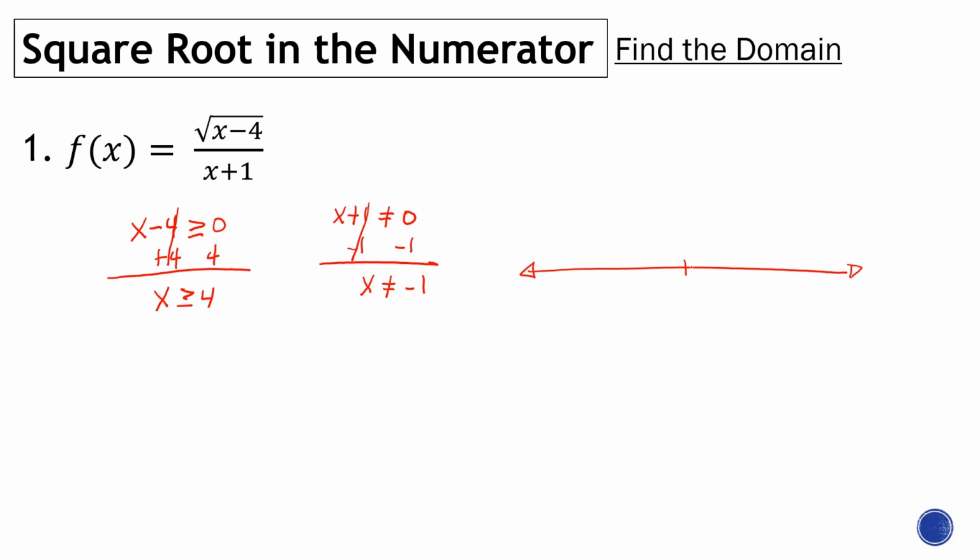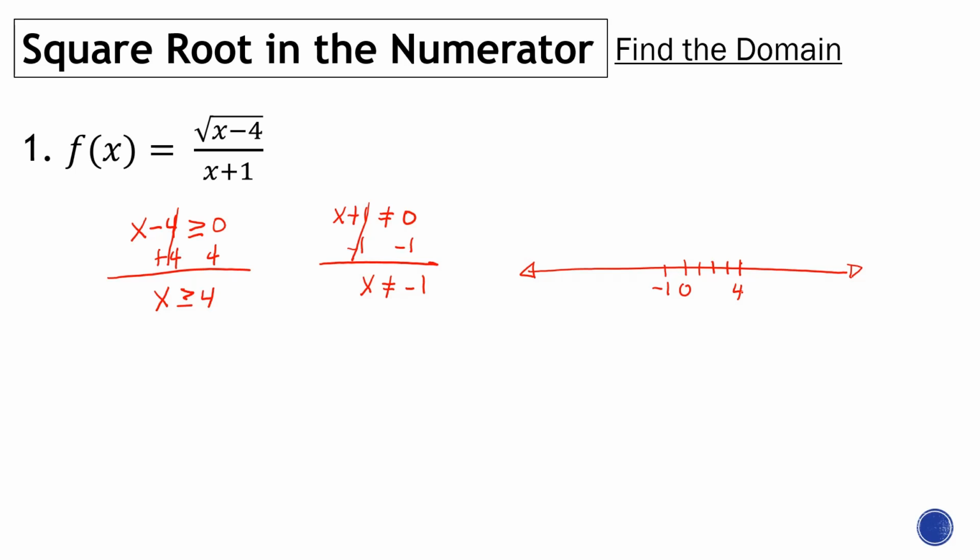So we have 0 here. This is our negative 1. And this is our positive 4. Sorry, positive 4.